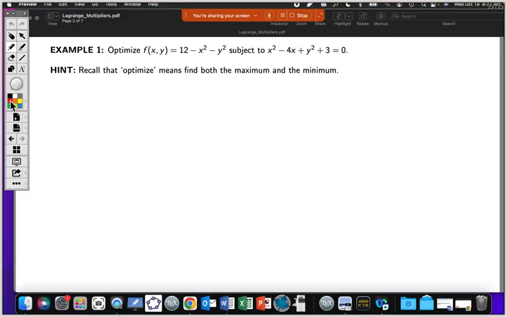All right, so example 1 here, let's work through the details on this. We're asked to optimize this function subject to this constraint. So optimize here means find both the max and the min. Now hopefully you recognize this. What kind of curve is this going to work out to be here?